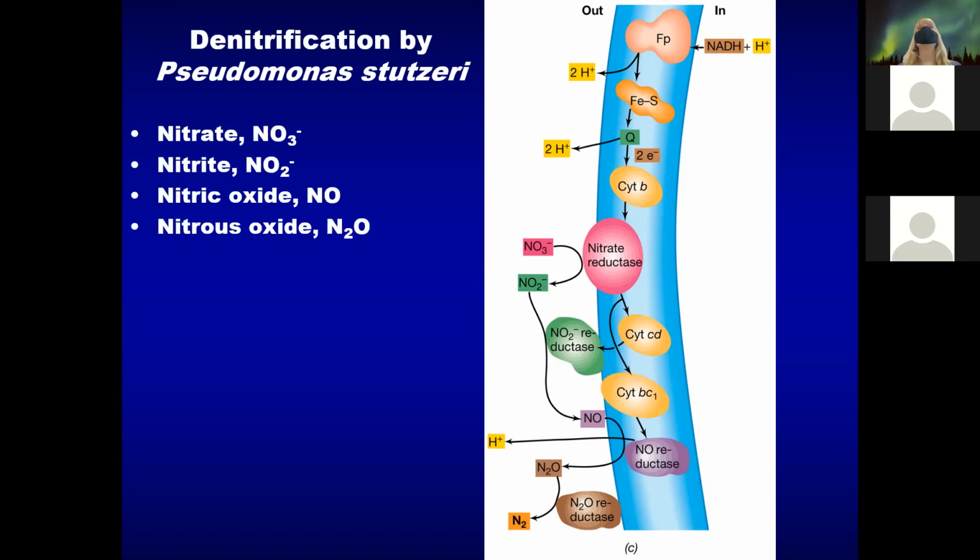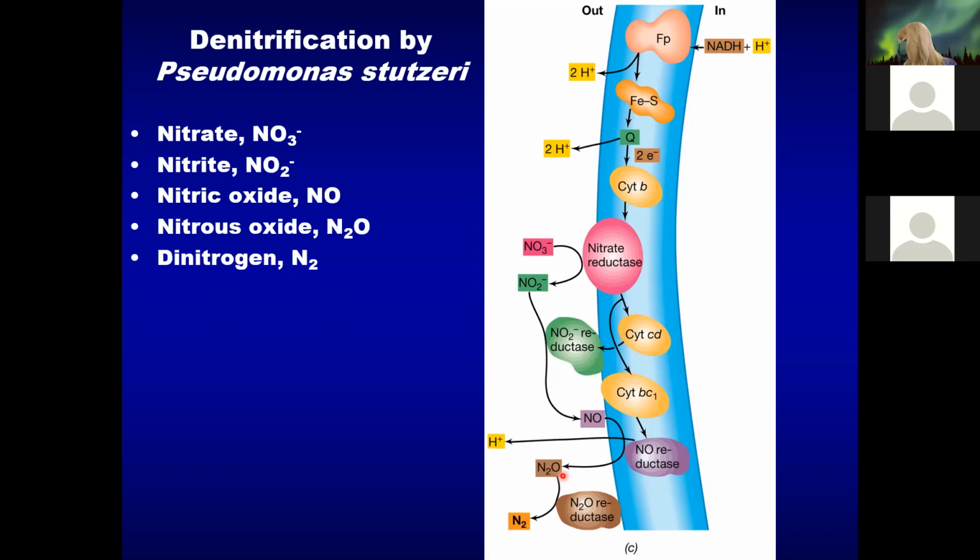All right, so here they're taking nitrate, NO3 minus. The electron gets given to nitrate reductase, NO3 minus gets converted to NO2 minus, nitrite. And then you have this other cytochrome cd1 nitrite reductase. You just keep passing the electrons through these players until finally the electron gets given to nitrous oxide.